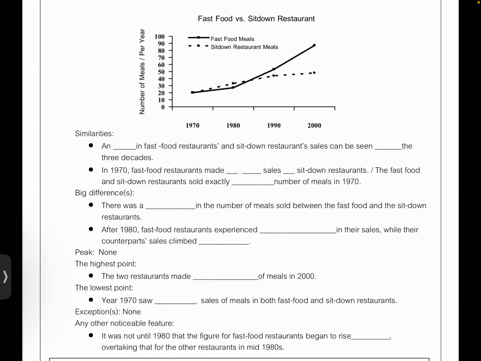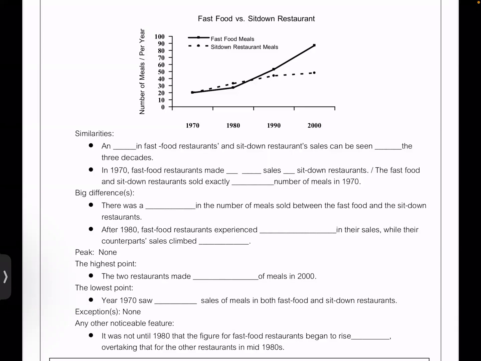If you look at the peak, in order to describe a peak, you have to see an uptrend and a downtrend. So something was going up and it stopped and it took a turn and it started falling down. That's when you have a peak. But the way I see it, both quantities don't seem to get tired.